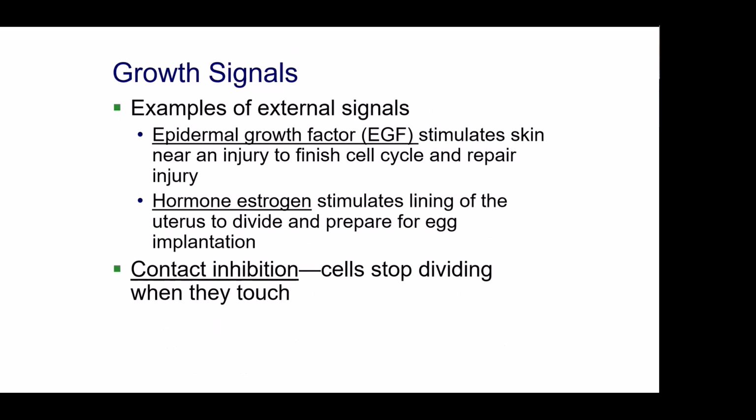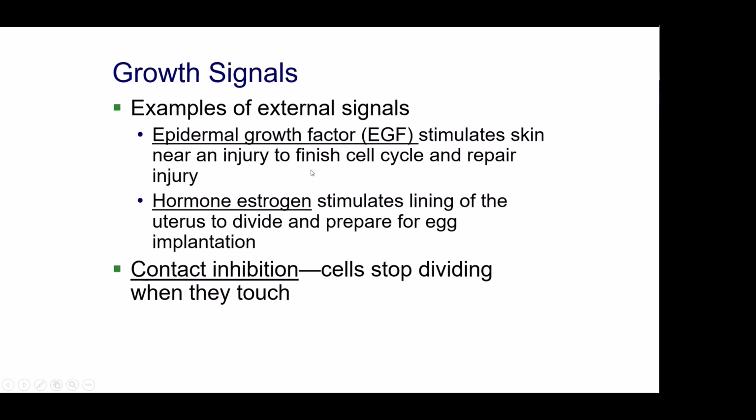Now, what causes these checkpoints to turn on and turn off? What causes these cells to suddenly say, hey, I'd like to make more? Well, there are a lot of different growth signals that we can find. One good example is epidermal growth factor.